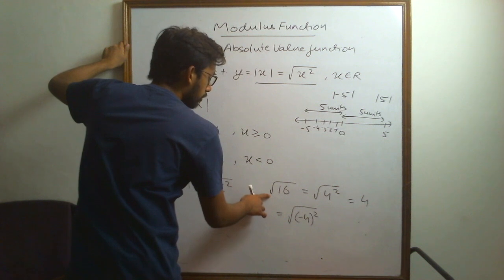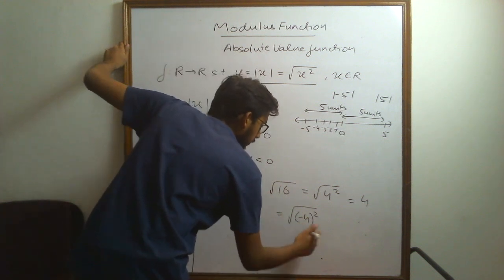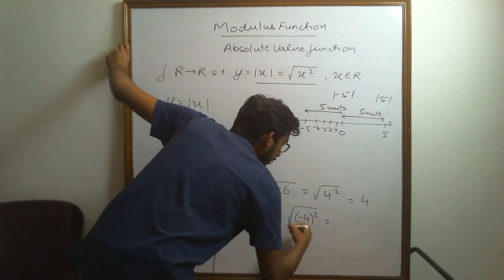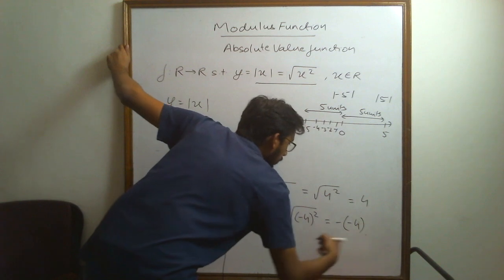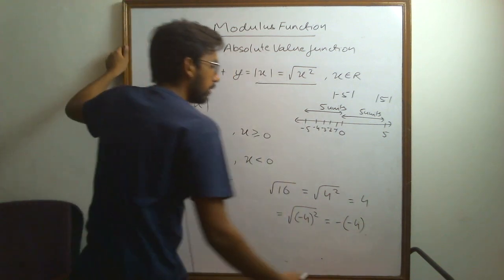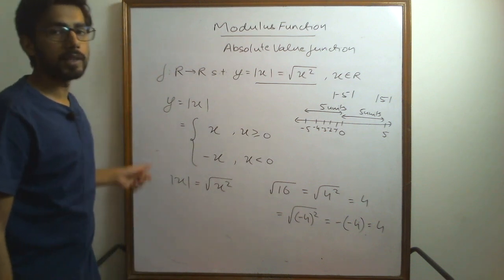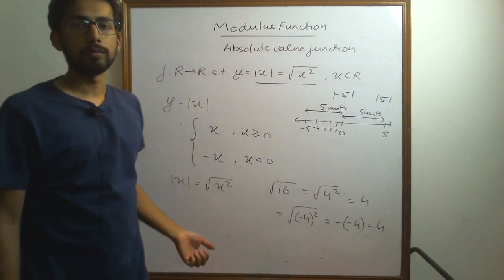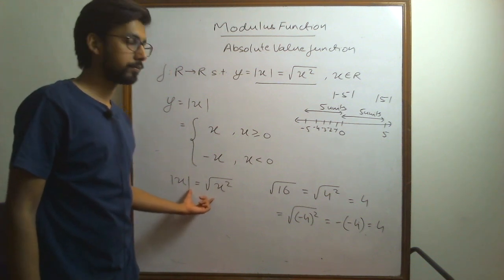But since the square root sign means only positive, when it is written in the form of minus 4, after removing the square root, I will write it as minus of minus 4 to get a positive value, which is ultimately equal to 4, which gives us the absolute value. That's why both of these functions are equal.